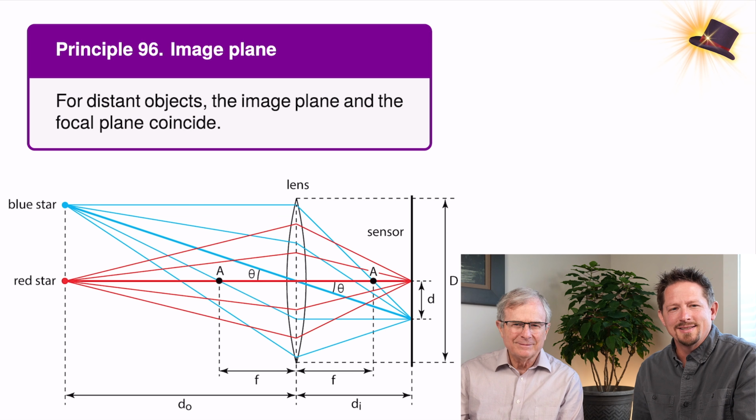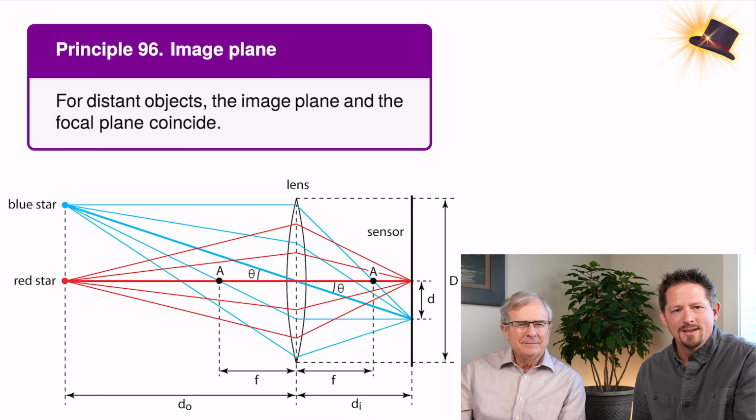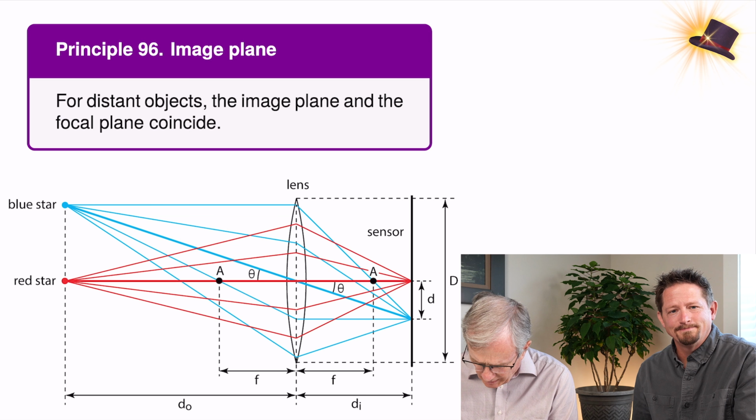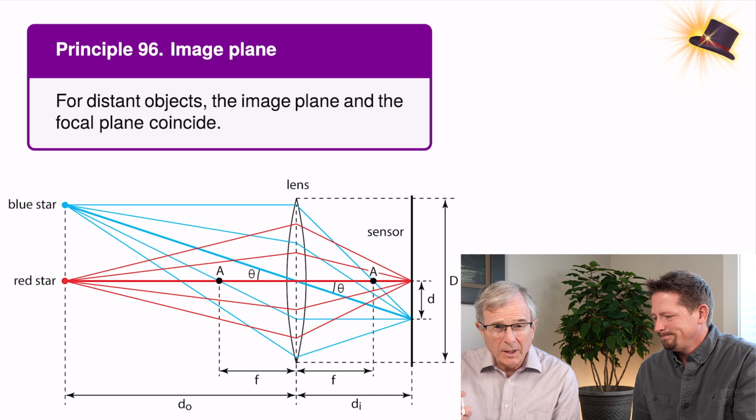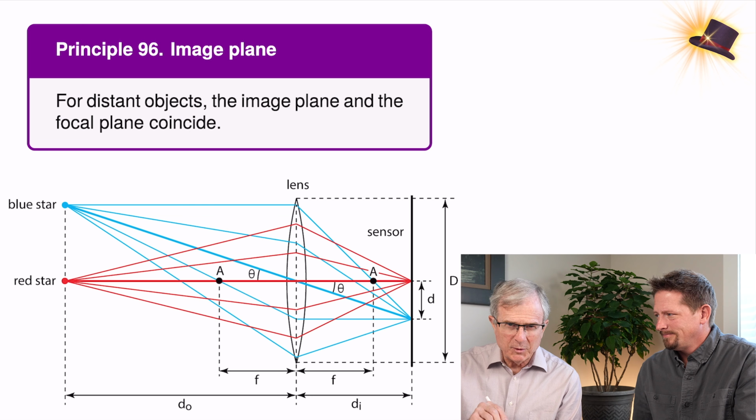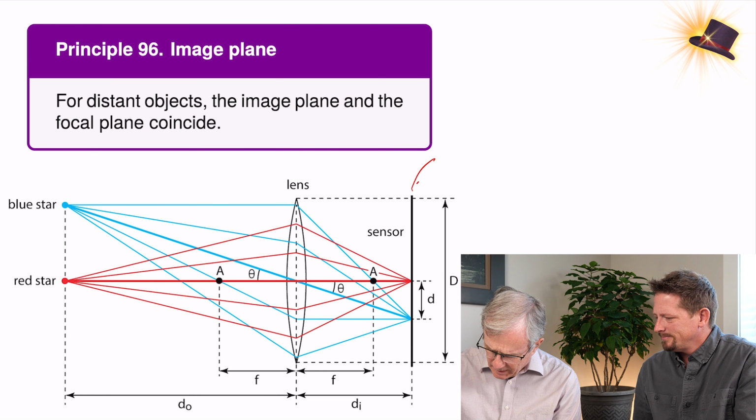All right, principle 96, image plane. For distant objects, the image plane and the focal plane coincide. Okay, so let's first talk about what we mean by the image plane and the focal plane.